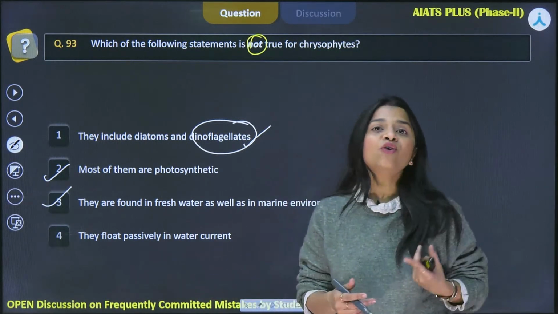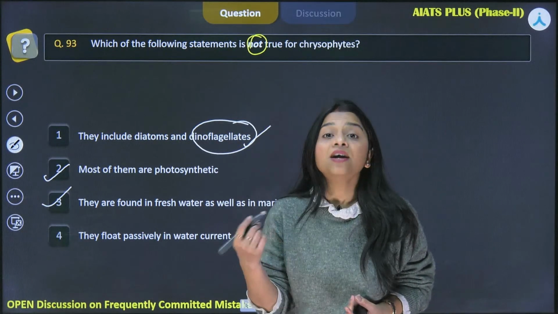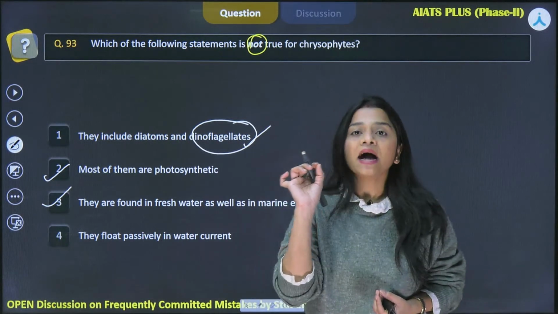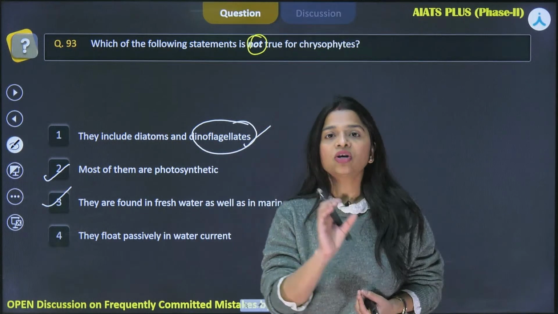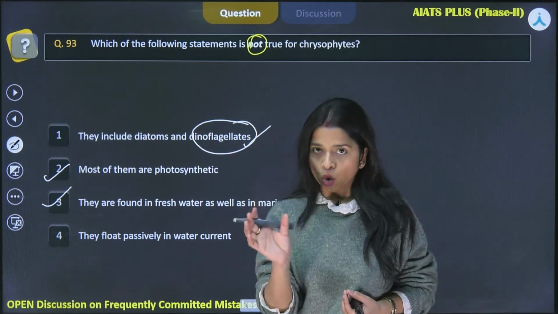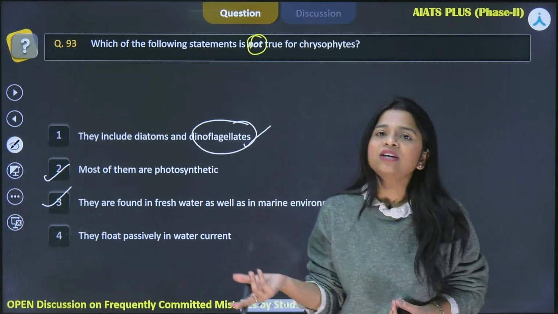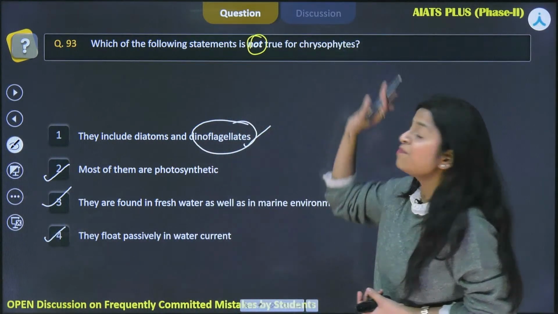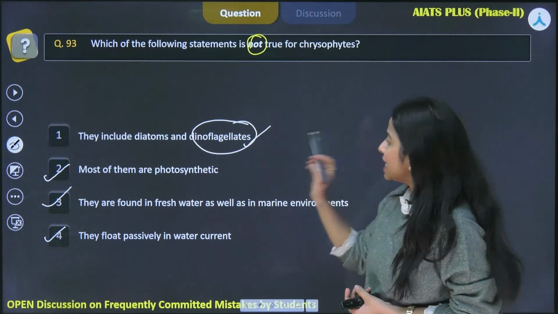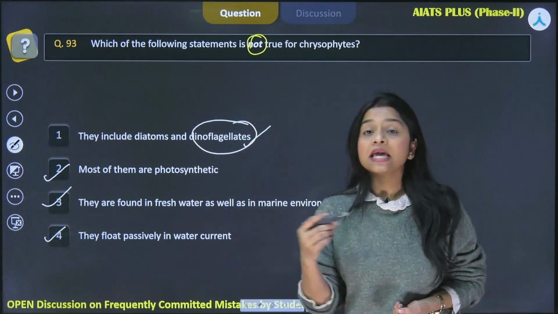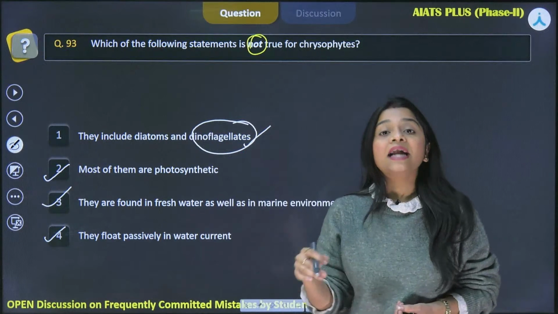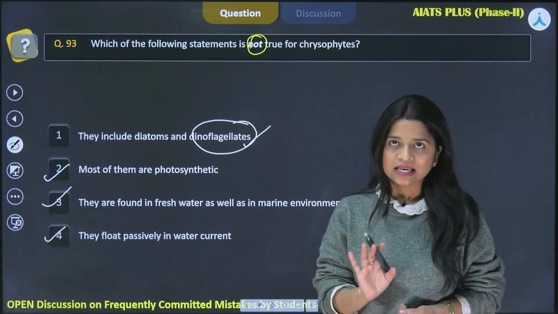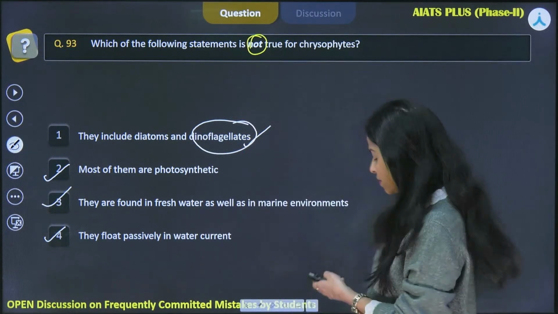Free floating ones are called planktons. The term plankton literally means free floating. So this is also a true characteristic for chrysophytes. But the incorrect one will be the first one, because they include diatoms and desmids, that is the golden algae. I hope this much is clear with everyone.